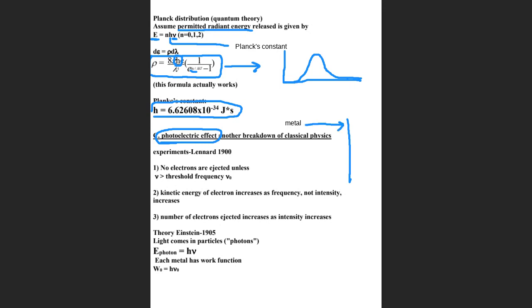Now, in the experiments on the photoelectric effect in the 1900s, you aim a ray of light at the metal. So I'm going to draw a ray of light. You can tell it's a ray of light because it's wavy, and you can tell it's moving toward the sheet of metal because of the arrow.